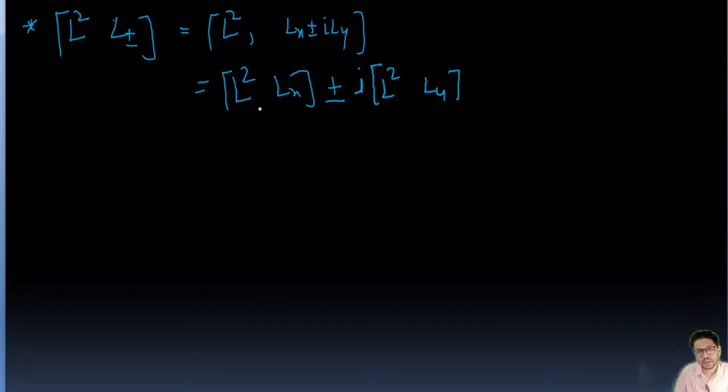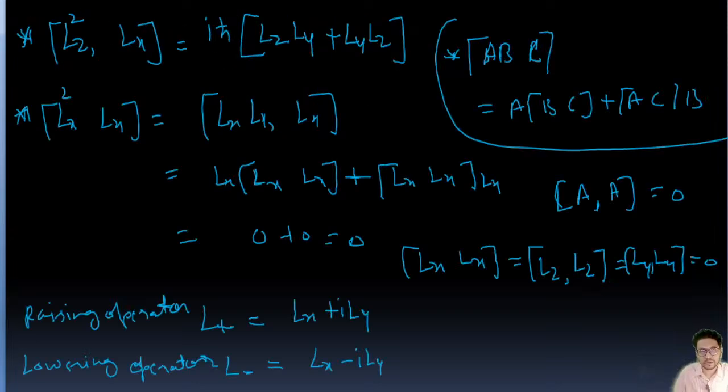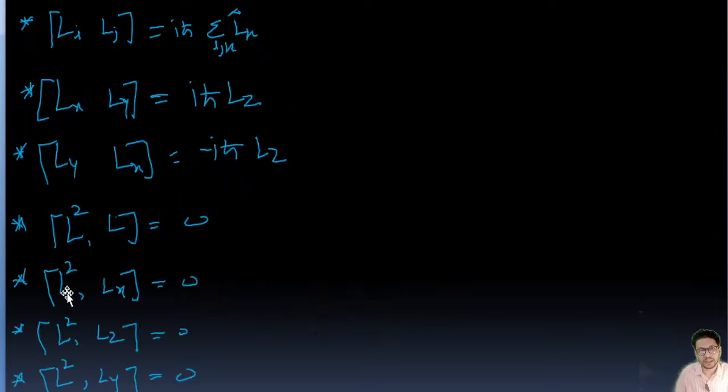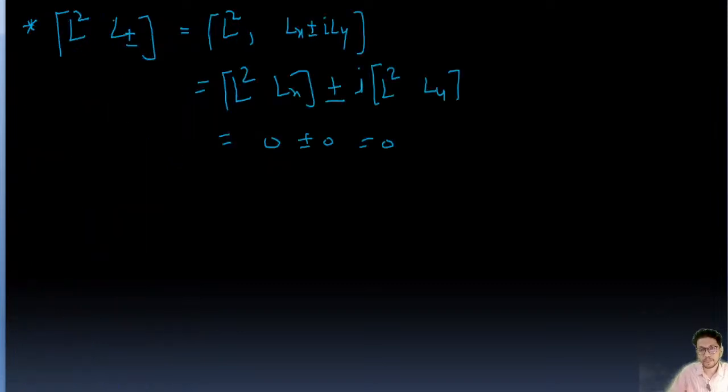And these values are 0. I have already explained, L square Lx or L square Ly or L square Lz is 0, plus minus 0, that is 0. I have already written here, L square Lx, L square Lz, L square Ly, 0.